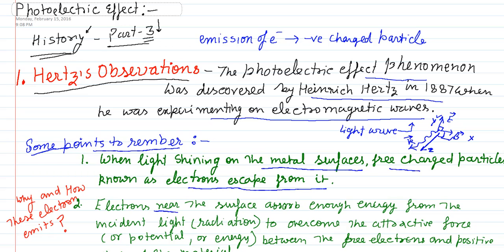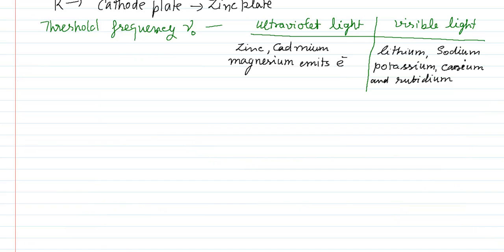Electrons near the surface absorb enough energy. If this is a surface and these electrons escape from it, when will it happen, how will this process take place, and why? All these answers are discussed below.